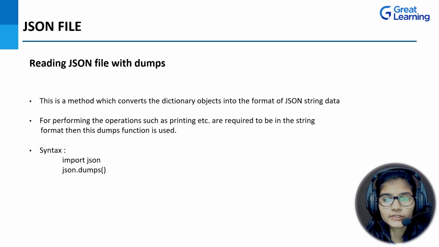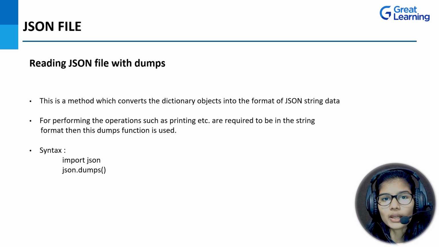Now, one important thing here: whenever we are having the JSON file format, most of the data is stored in dictionary format. Like we have some dictionaries, and they have key and value pairs inside that relevant data.